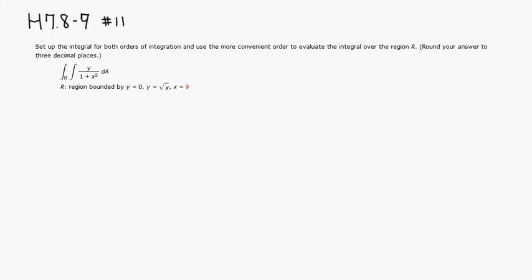First we're going to sketch the region. Here's the y-axis, here's the x-axis. The curves are: y equals 0 is the x-axis, and y equals square root of x, so it's going to look like this.